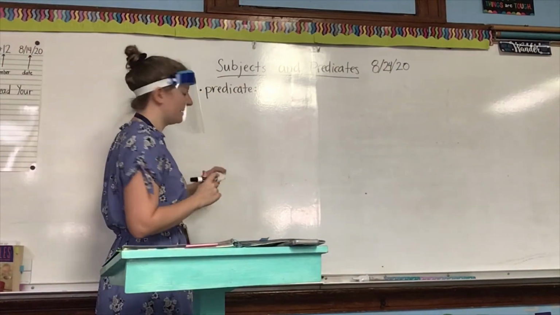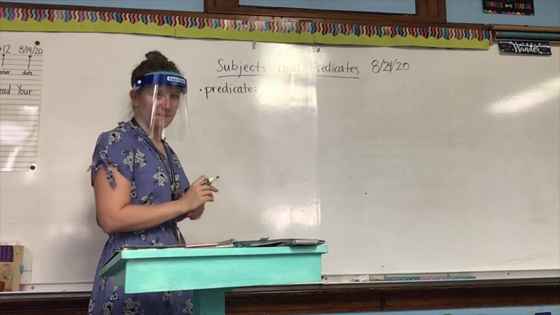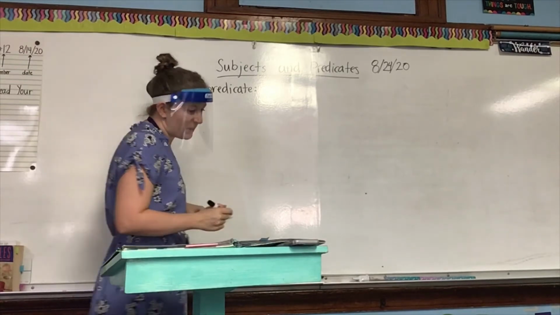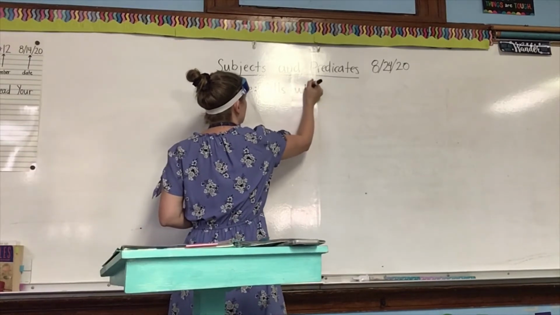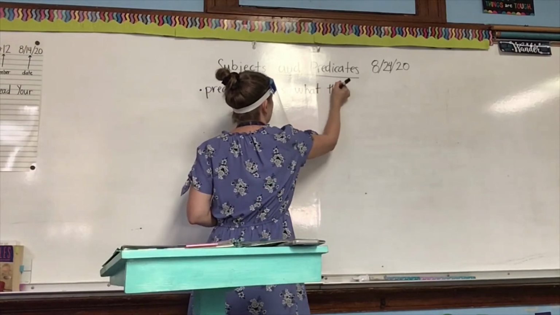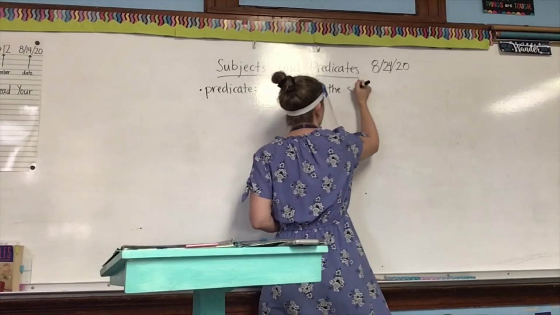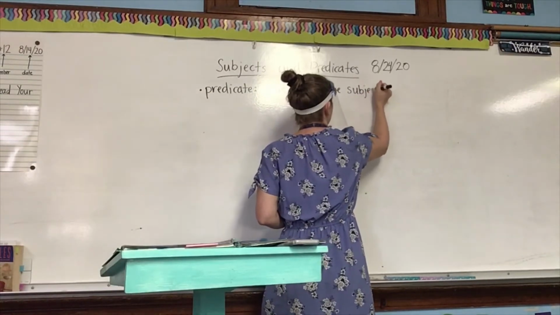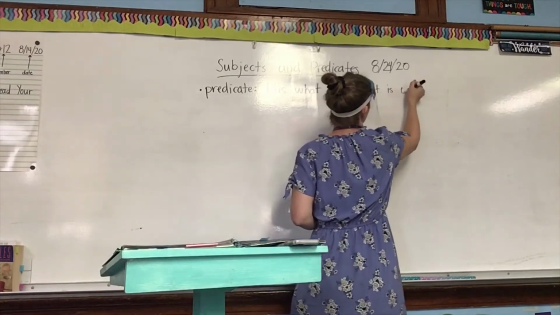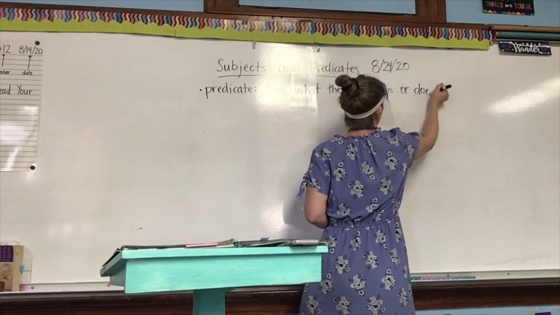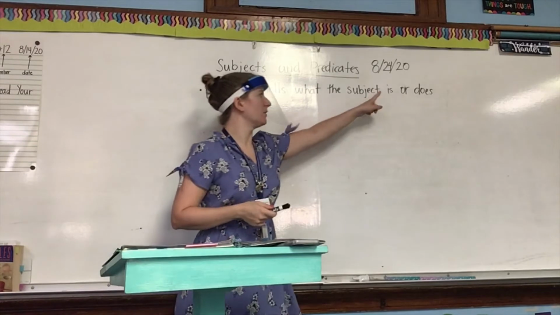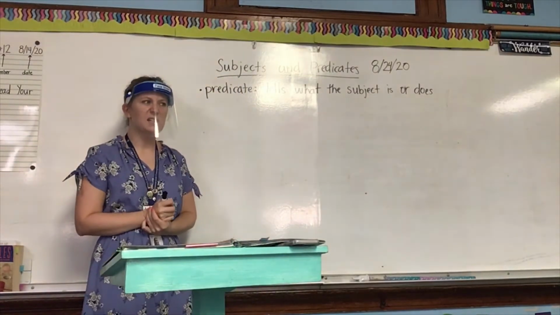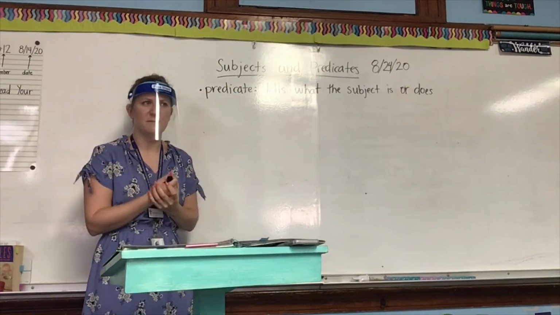I'll tell you. You don't have to volunteer right now, I'll tell you. Okay, so the predicate tells what the subject is or does. Now that is important because in a sentence, is somebody or something always doing something?